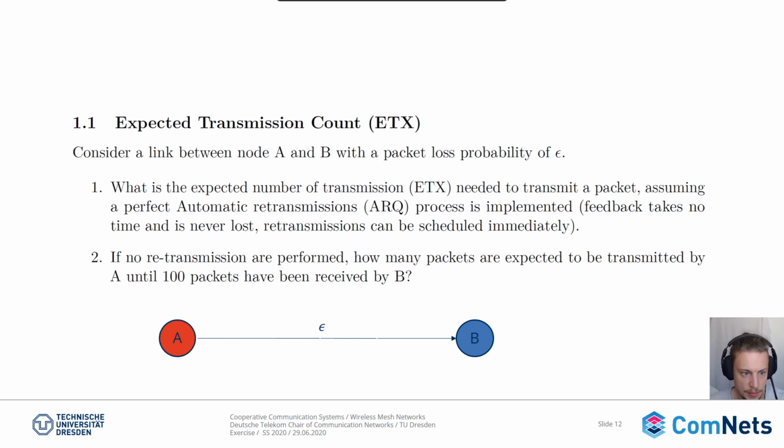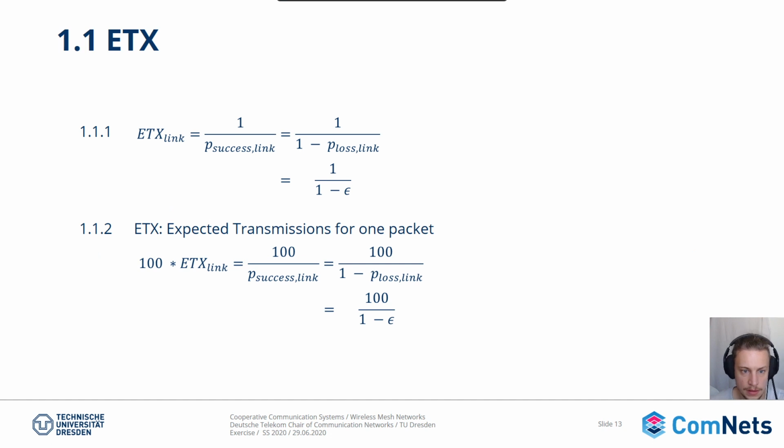And the question is, how many packets does A have to transmit until B has 100 packets? So the ETX is the expected transmissions to have one packet successfully transmitted over the channel. So we can just multiply both sides by 100 and we get the result that 100 divided by 1 minus epsilon is the number of packets that need to be transmitted to have B having received 100 packets.